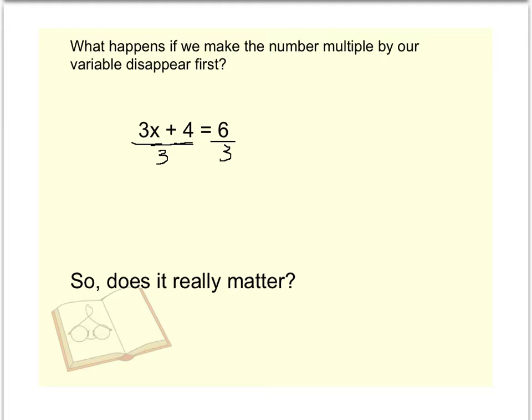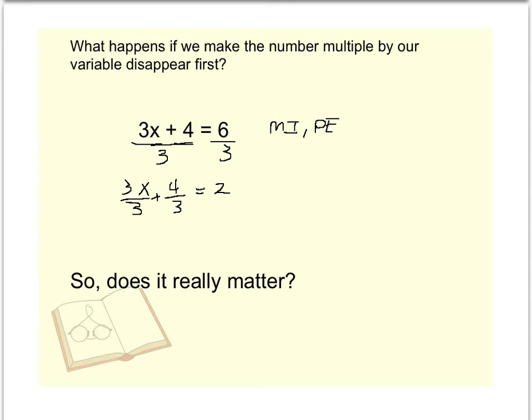Okay? That would be our multiplicative inverse property and our property of equality. And that will give us 3x over 3 plus 4 over 3 equals 6 divided by 3, which is 2.